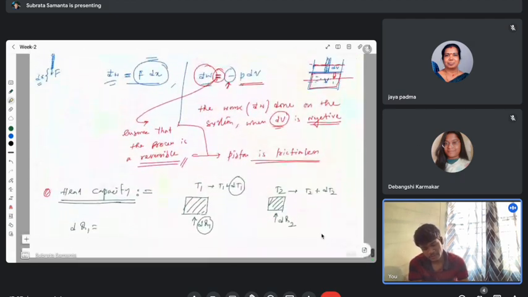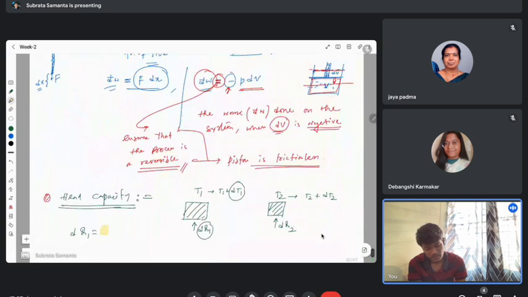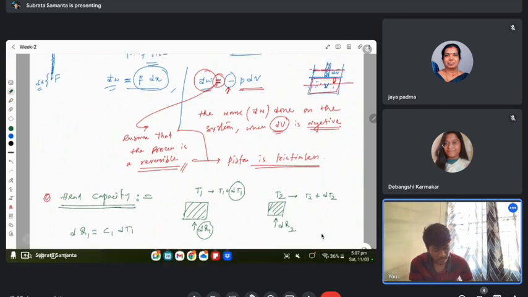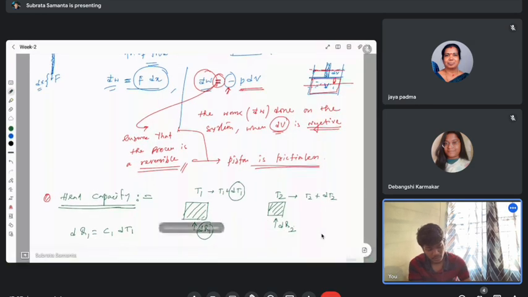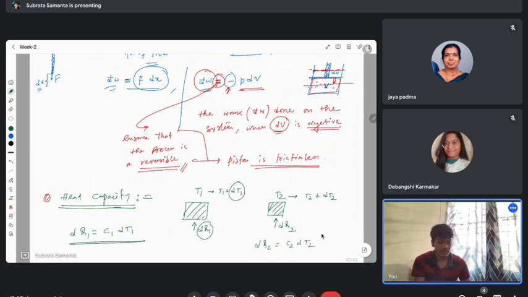So we write dQ1 is C1 times dT1, and similarly dQ2 is C2 dT2, right?